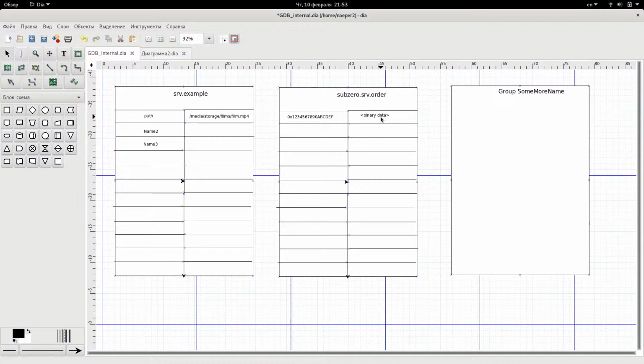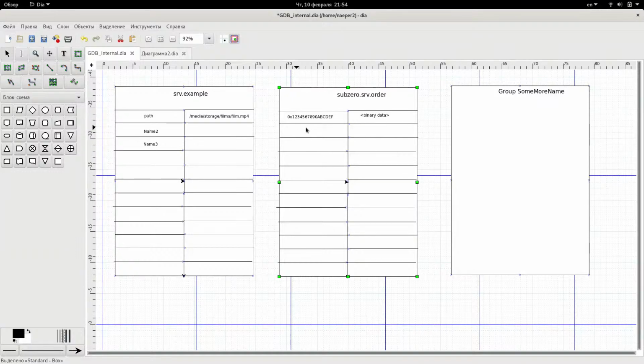And here the order will be stored. Okay, doesn't matter. So here the orders start.